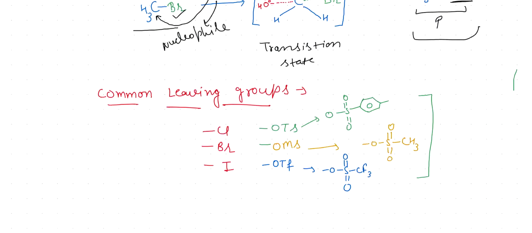Instead of bromine, we can also use chlorine, iodine, OTs, methyl tolyl sulfoxide, methyl sulfoxide, trifluoromethyl sulfoxide. So these are some common leaving groups. These can also be used instead of bromine.